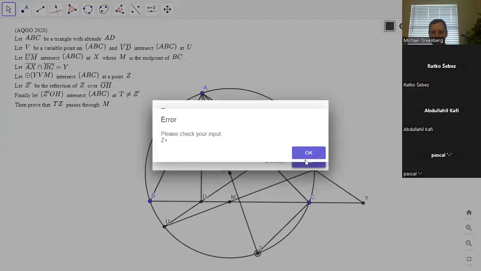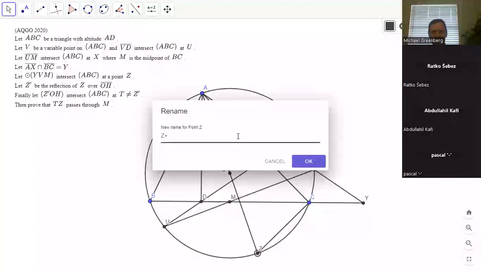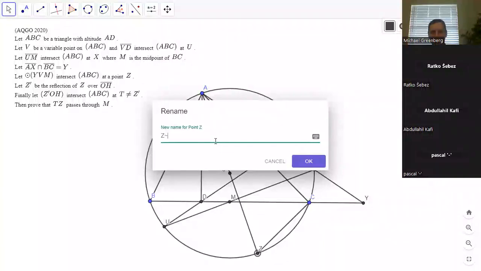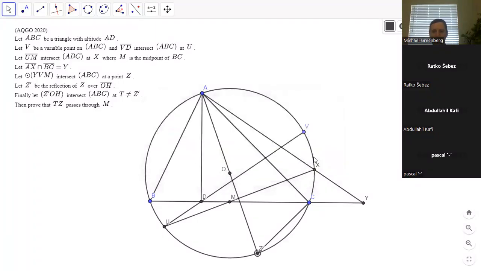Let's try that. Doesn't like that. Dang it. There's got to be some Z wiggle. It's probably not going to like that. Z prime. I don't know. Z double prime. We'll go with that for now. I thought there's a way to do Z plus or something like that.